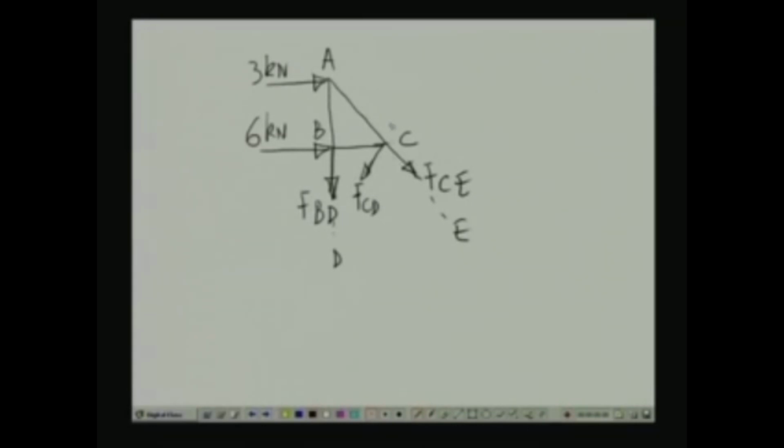So, 3 kilonewton multiplied by 4 is a clockwise moment. If we take the moment about C as equal to 0, then 3 times 4 is equal to FBD times 3. So, this is an anti-clockwise moment. So, FBD is thereby equal to 4 kilonewton.